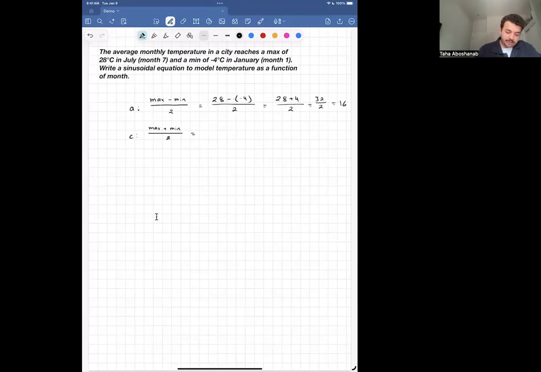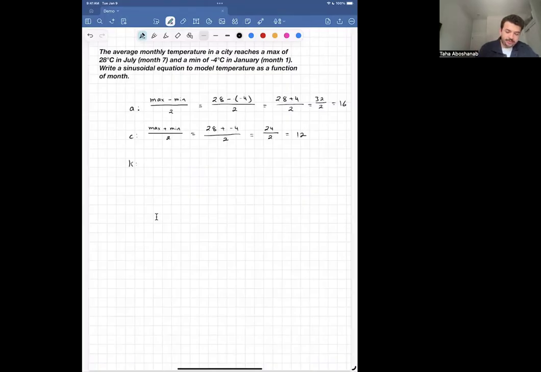So the maximum temperature, again, was 28, plus, we're using plus this time, the minimum temperature, which was -4, and then all divided by 2. 28 plus -4 is the same as 28 minus 4, which is 24 over 2, which simplifies to 12. So far, so good. Let me know if you have any questions.